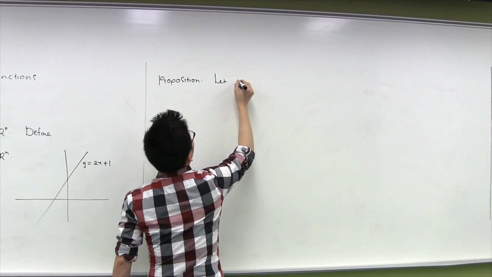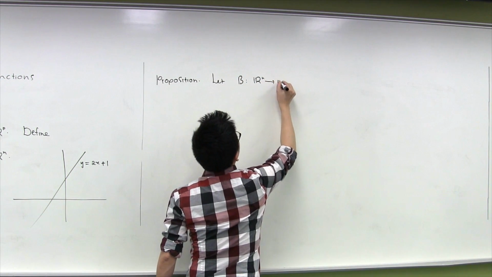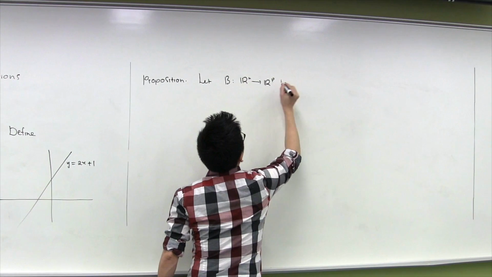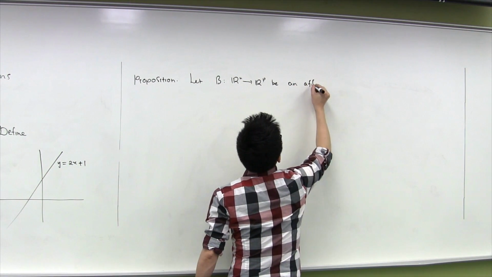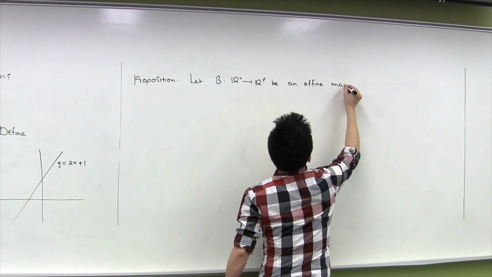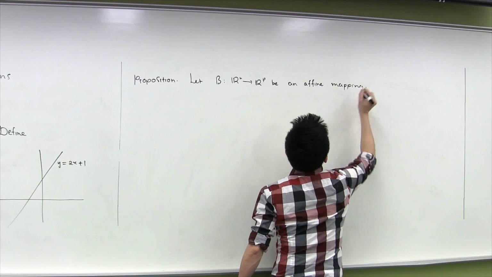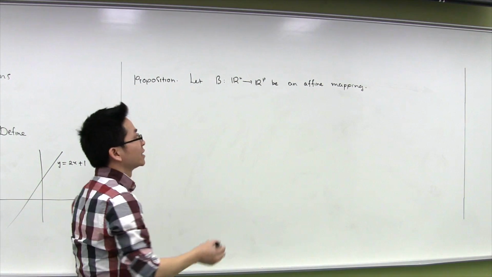Let B from R^n to R^p be an affine mapping, then the following properties are satisfied.